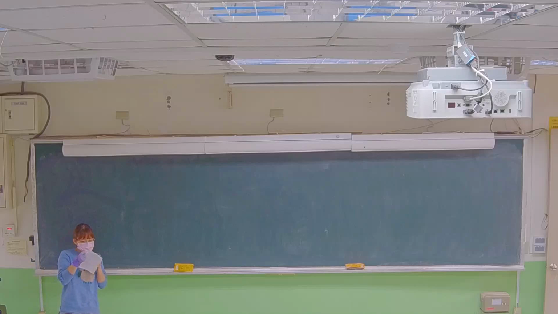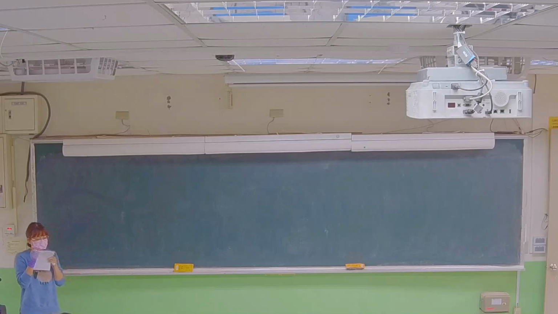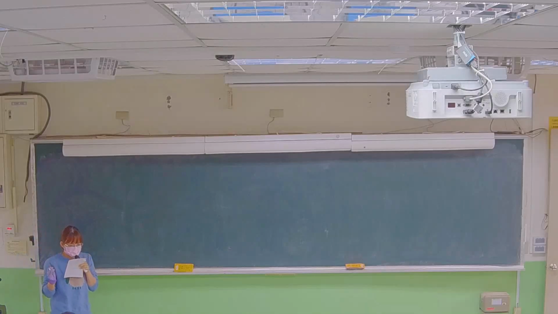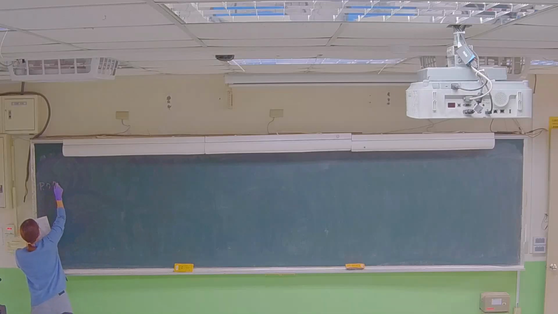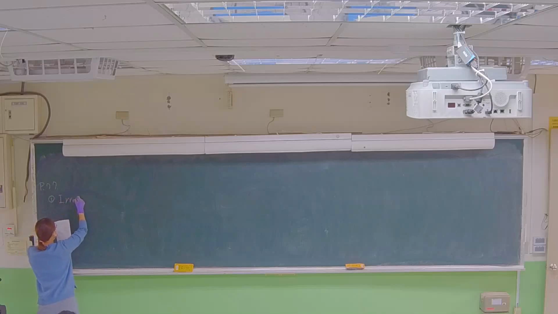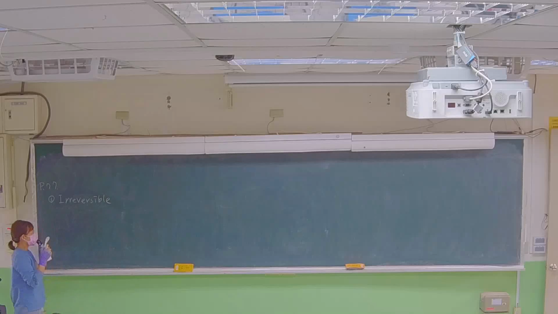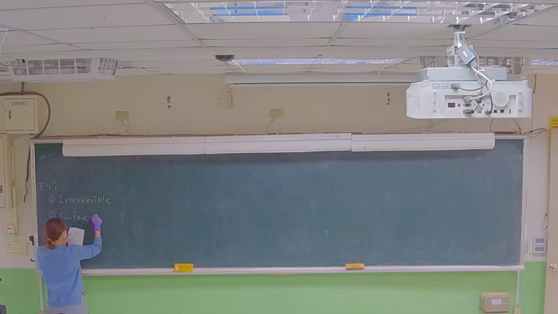At slide 77, I would like to tell you how to observe the rate law to determine the mechanism. Okay. So in slide 77, for the special case, we have two requirements. If this reaction is irreversible, and also this one is surface reaction limited.